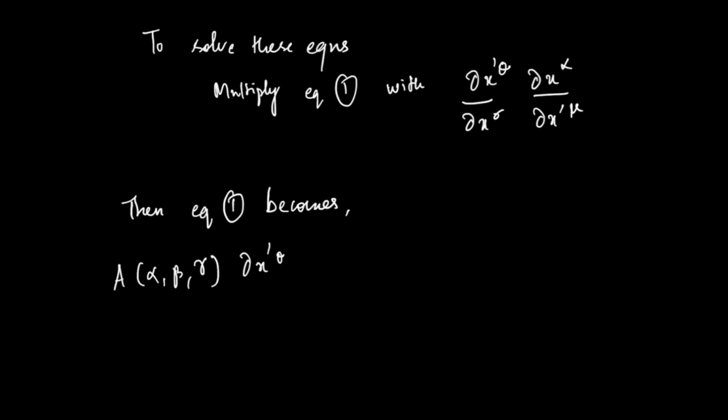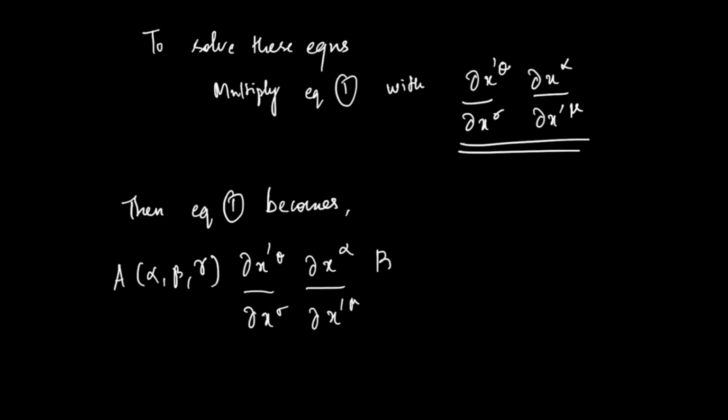Both left hand side and right hand side I have to multiply with this quantity: partial derivative of x alpha with respect to x prime mu, and B is already there on the left hand side. On the right hand side also I multiply with this quantity, and C sigma alpha is already there.